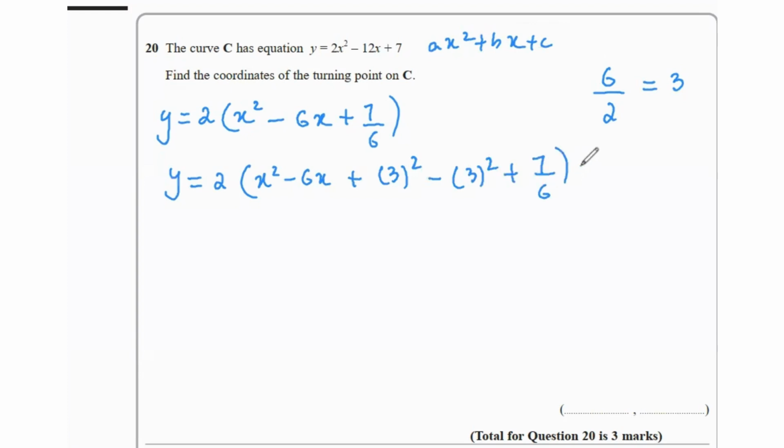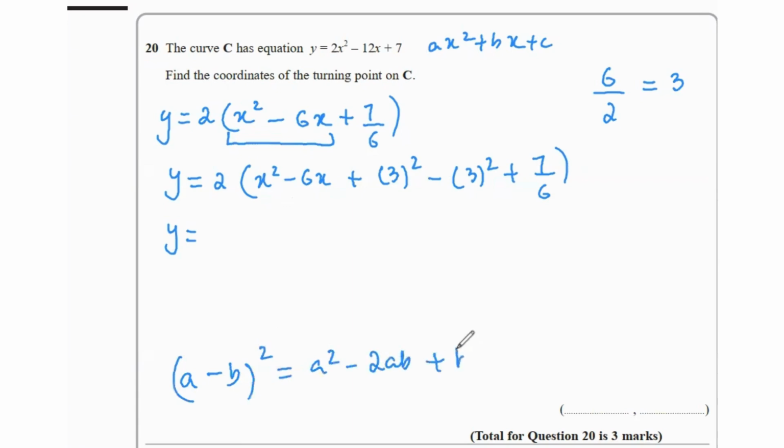Now the reason why we're adding and subtracting 3 squared from this equation is because we're trying to complete the square. Right now, this is what we have, x squared minus 6x. 7/6 is not a part of the square because when we split it, like a minus b whole squared, a minus b whole squared is a squared minus 2ab plus b squared.